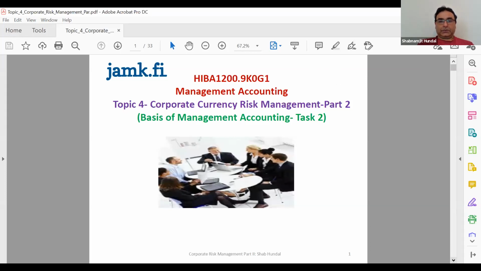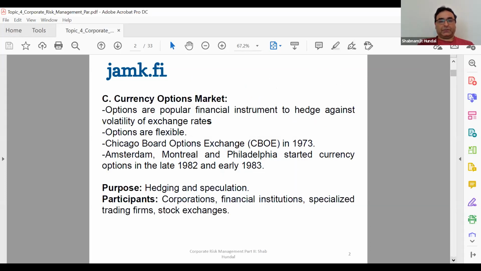All right, so we go to options. A bit of technical things about options, which I can't explain much, but just some historic things. The biggest currency options market you can see is the Chicago Board Options Exchange, in the US. But once I came across a book, and the only thing I could read was the word options, because the book was in Flemish.